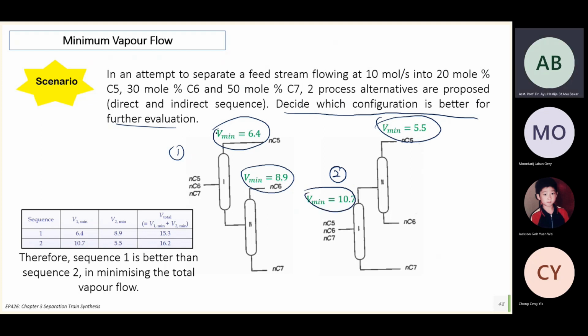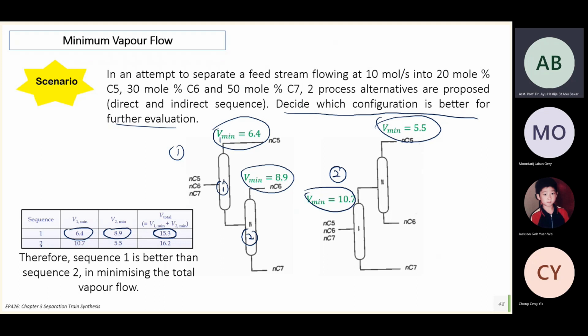In this example, V min is given. If V min is not given, then you need to calculate. Now, V min for sequence 1: V1 min plus V2 min for column 2, total 15.3.